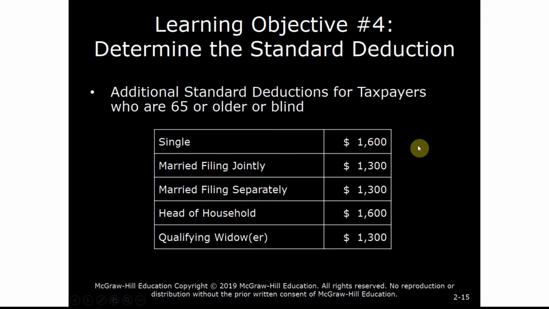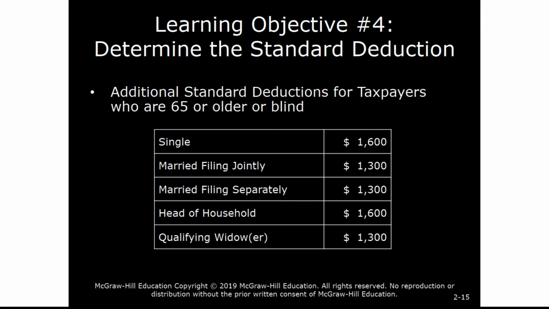These are some adjustments that we can make to the standard deduction for people who are 65 or older or blind, and the adjustments went up this year. If you're single and over 65, you'll get an additional $1,600 on top of the $12,000 for the standard deduction, so $13,600. If you're married filing joint, you only get a $1,300 increase on that $24,000, or $25,300.